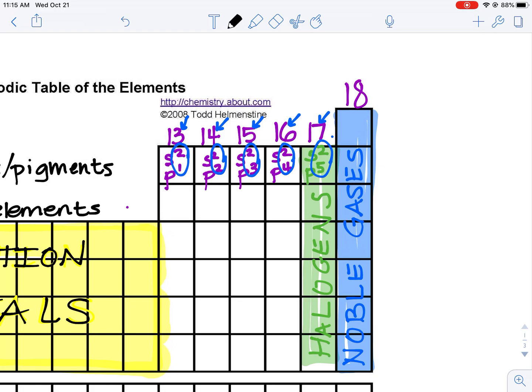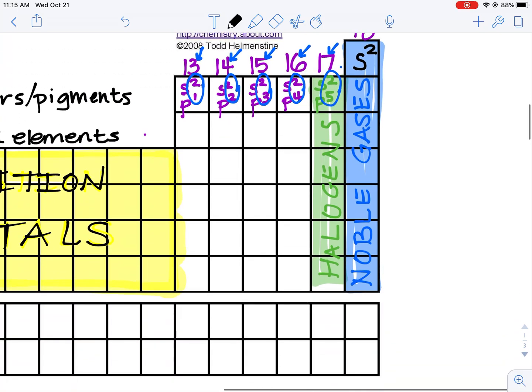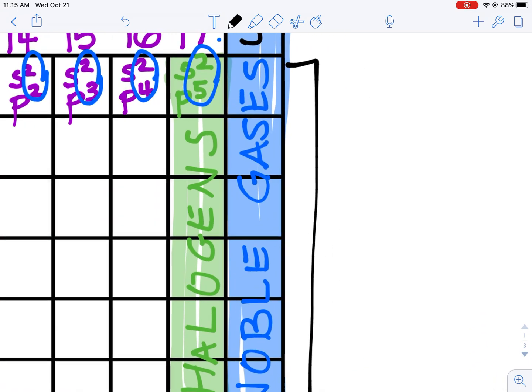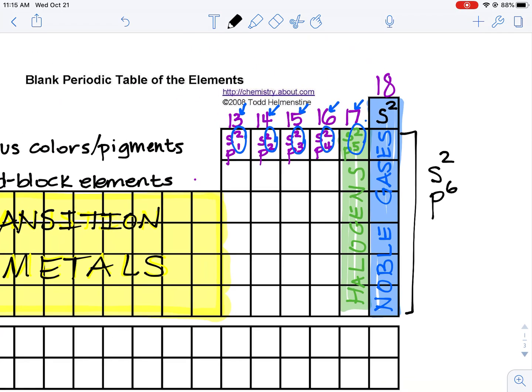And when we look at their electron configurations, the helium box said s2, but all of the other ones said s2, p6.